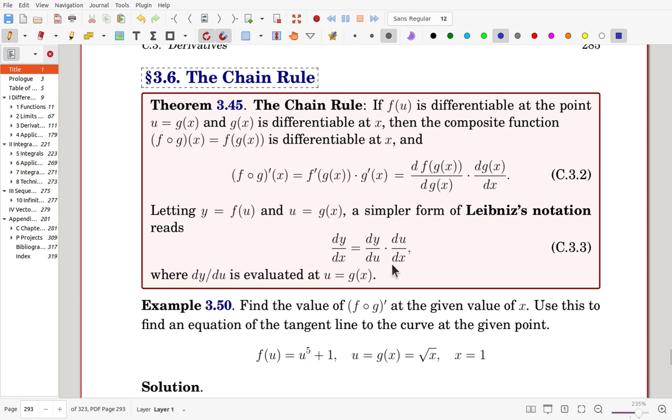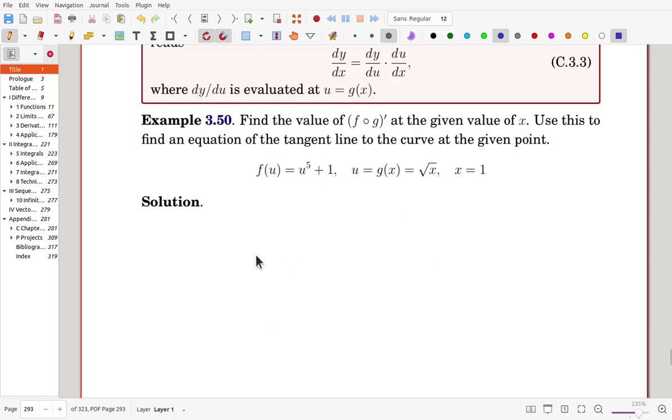That's the main idea. Okay, let's go to this example. Find the value of f composition g prime at the given value of x, and find an equation of the tangent line to the curve at the given point. That is the given point x equal 1.